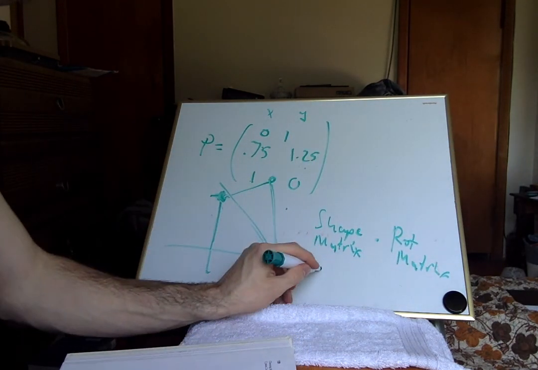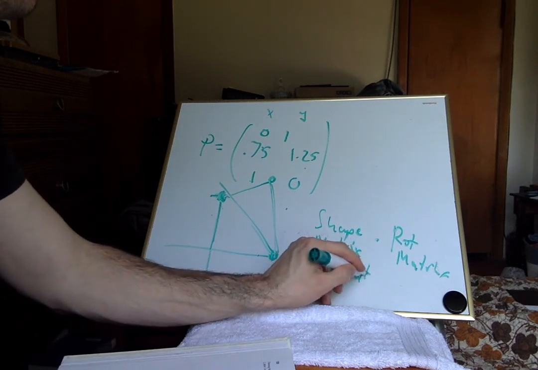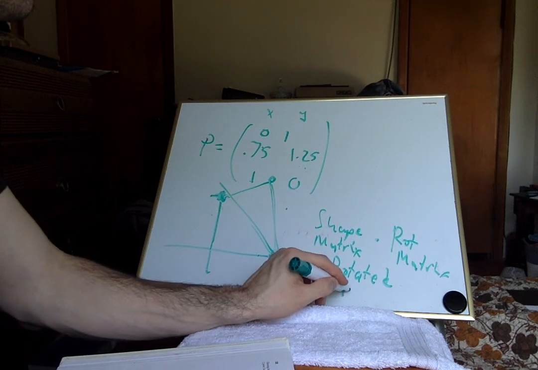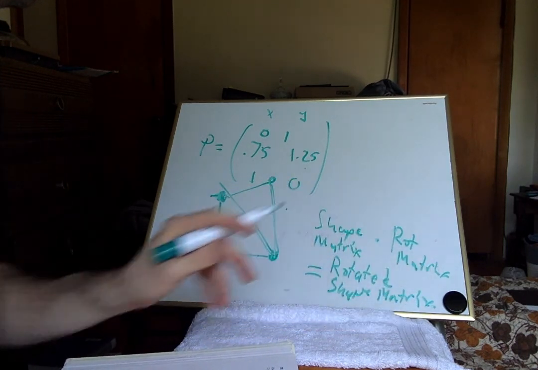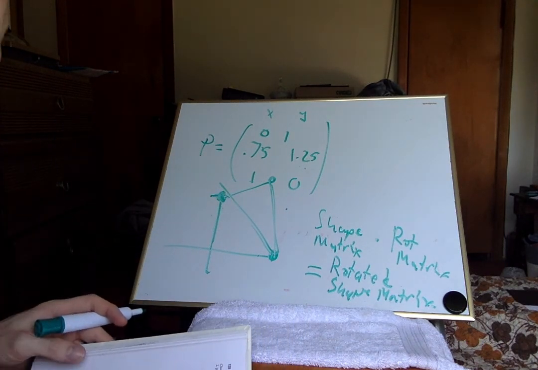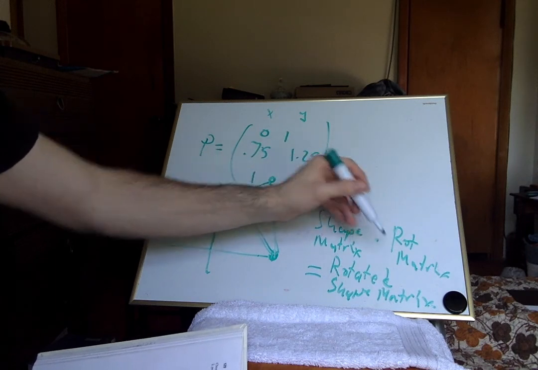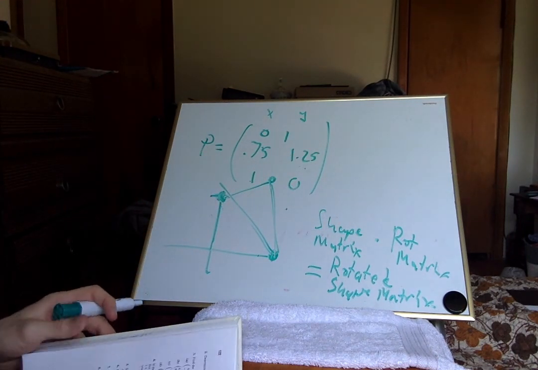Then the new matrix is going to be the rotated shape matrix. That's the takeaway I want you to understand. If you have a shape matrix times a rotation matrix, you're going to get the rotated shape matrix.